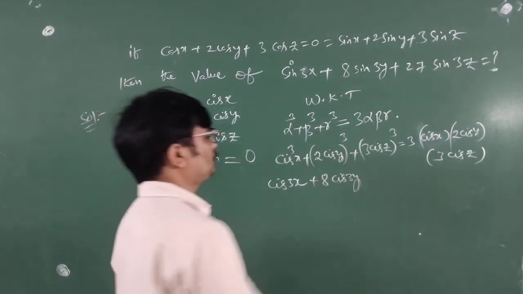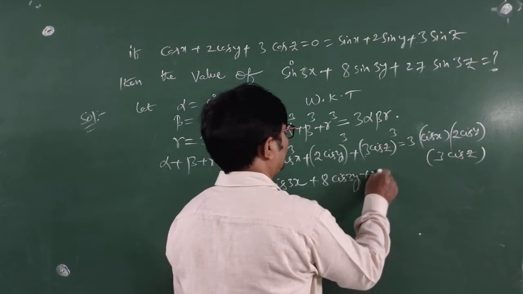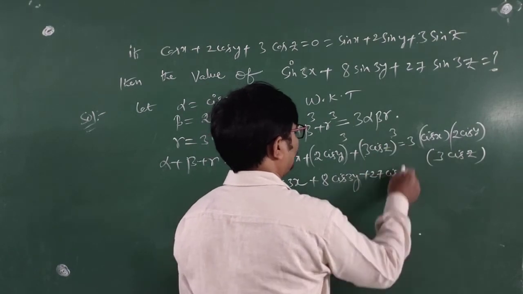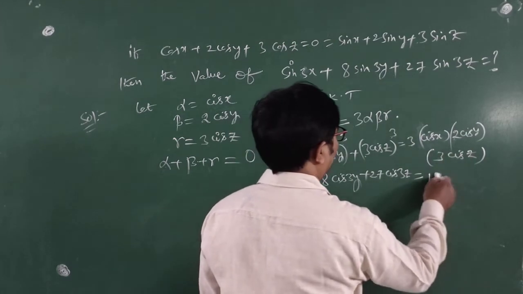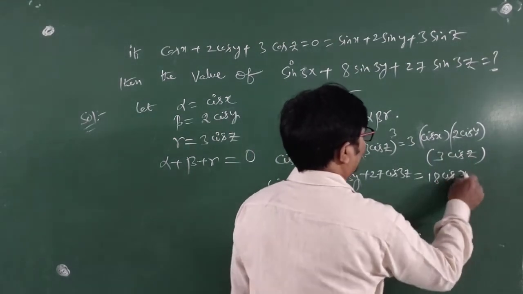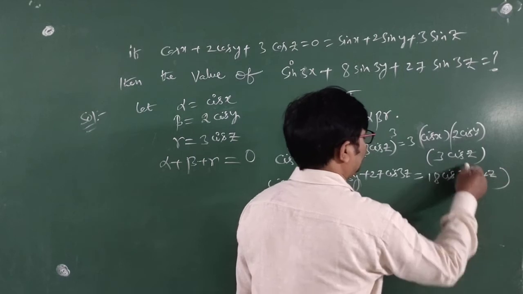After that we can write 27, e power 3iz. 3 3s are 9, 9 2s are 18, e power i(x plus y plus z).